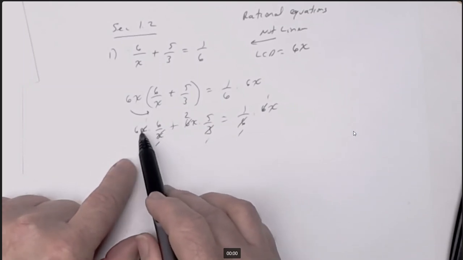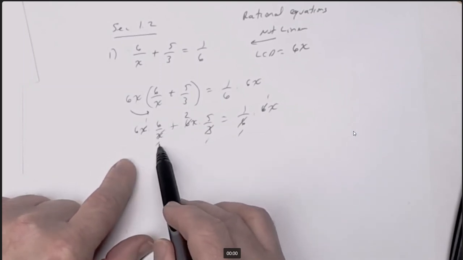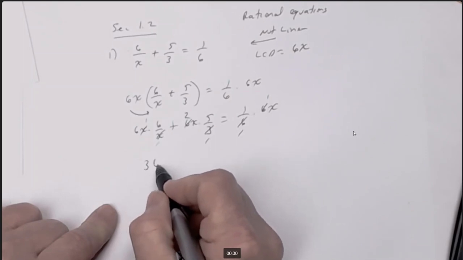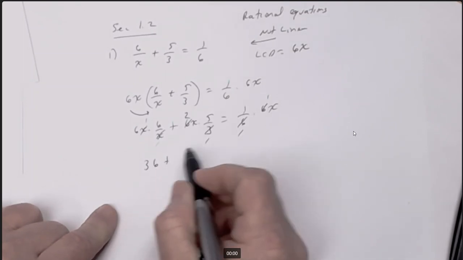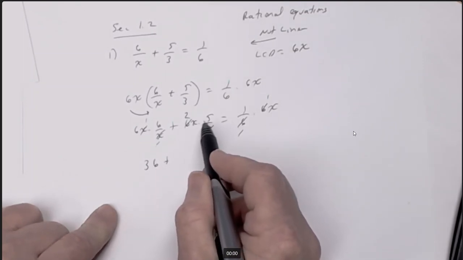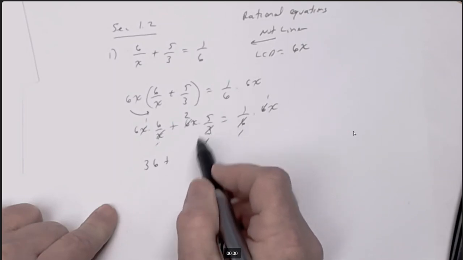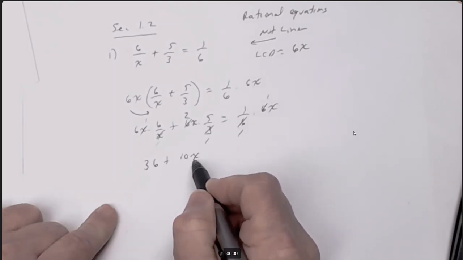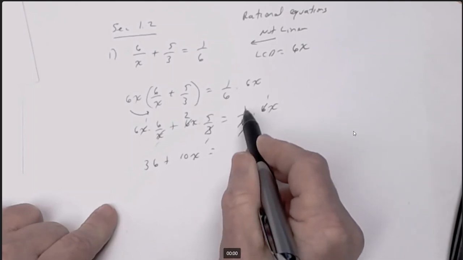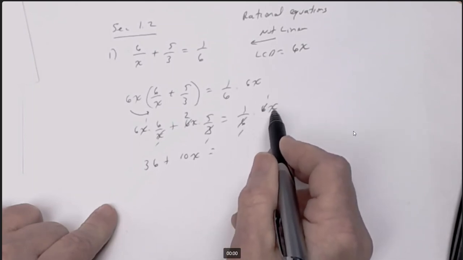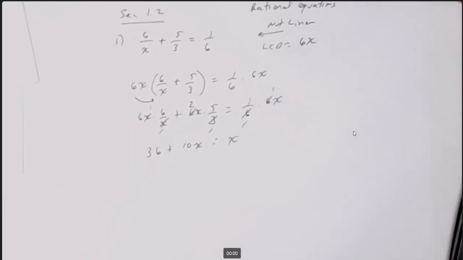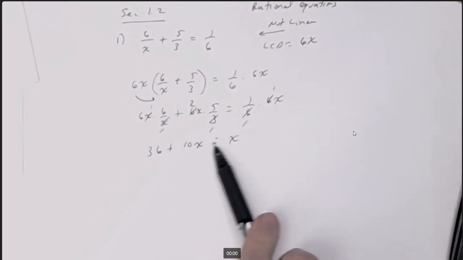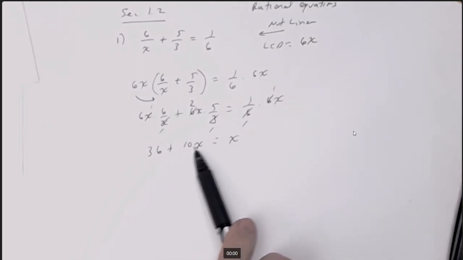Plus 2 times x times 5 is 10x. Equals 1 times x is x. And so notice I have a linear equation. This is linear now without any fractions. So I went from a rational equation to a linear equation.